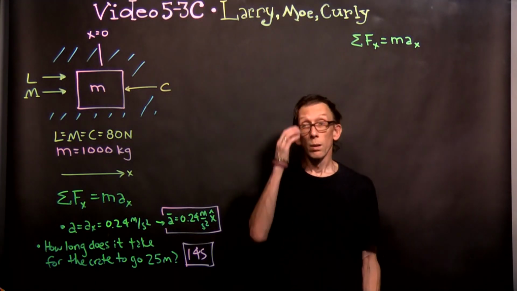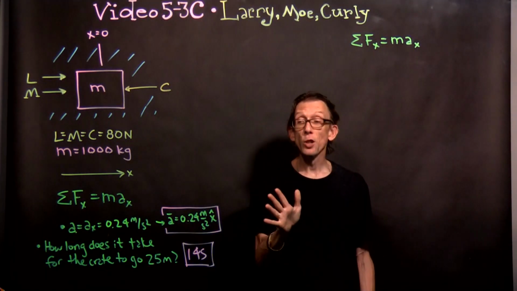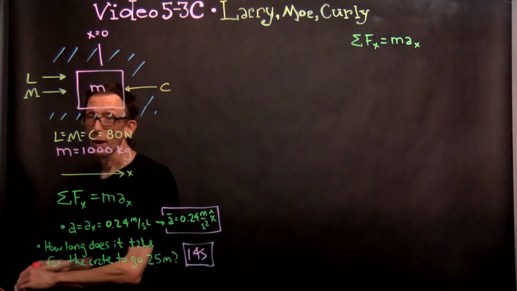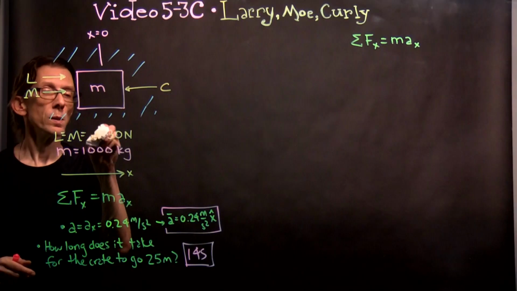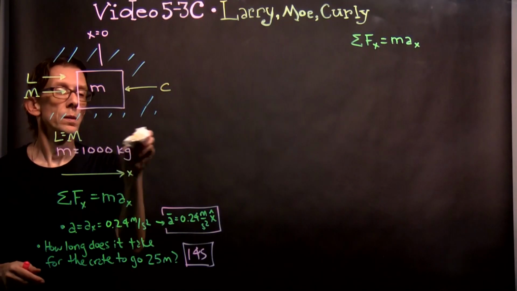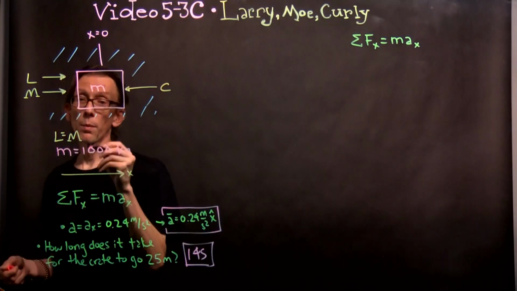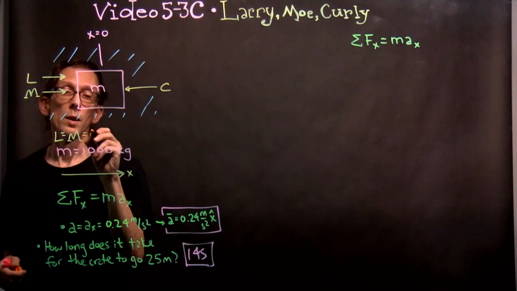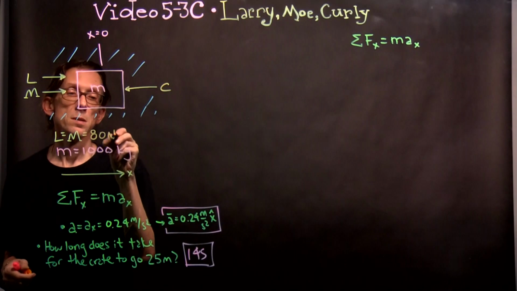Okay. Now, the magnitudes of the forces are going to be the same. That is, Larry and Moe are still going to be 80 newtons.